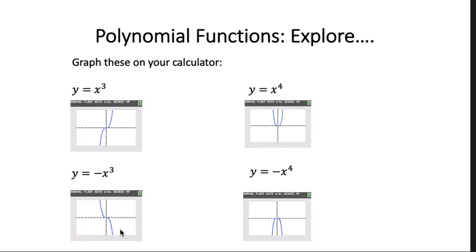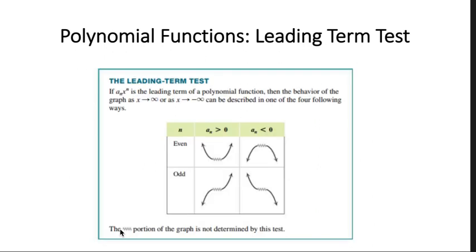So if you put all this together, we can make predictions about what's happening with polynomial functions. And this prediction is called the leading term test. So when you take that leading term, n is the degree. If the degree of the function is even, we basically have a U-ish kind of shape.